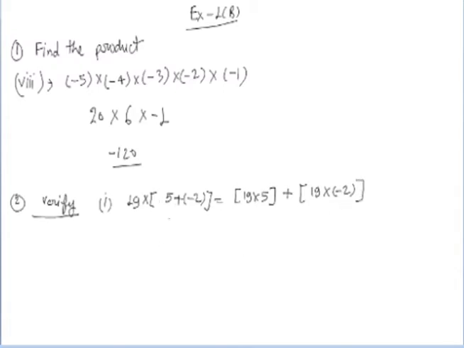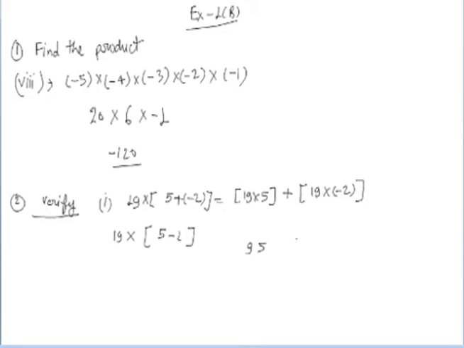Okay, so first solve this. I'll solve these two parts simultaneously. 19 into, open this bracket, 5 minus 2. And here I am not going to put this sign. Only write this: 19 fives are 95. So remember all the tables till 20.